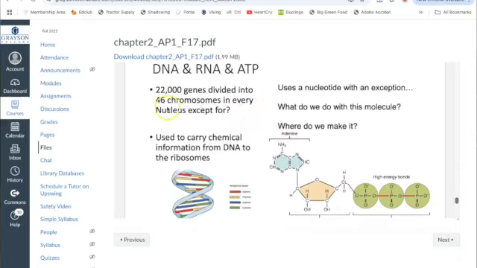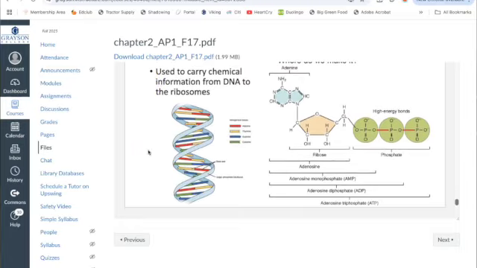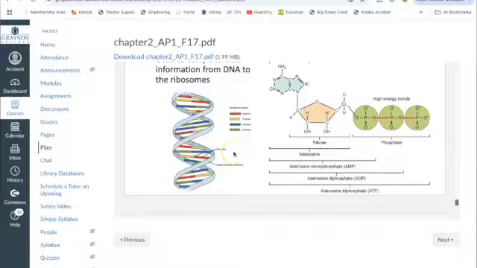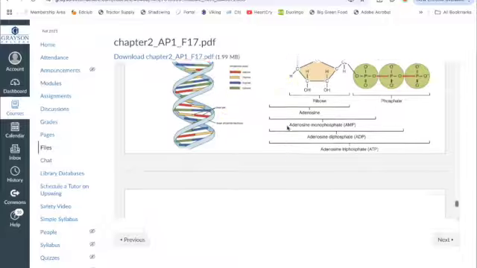So there are 46 chromosomes. We're going to learn about those later. If you look at this color coordinated, A goes with T. A always goes with T, and C always goes with G. This is DNA.